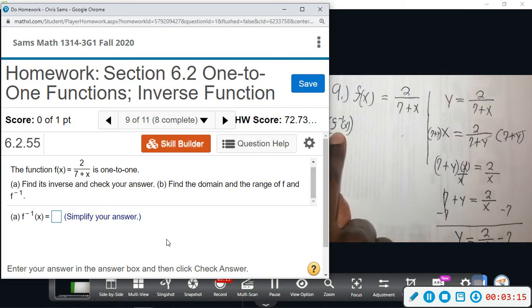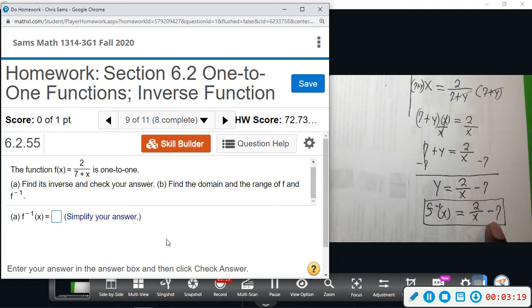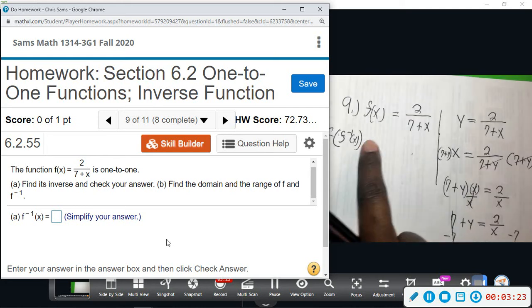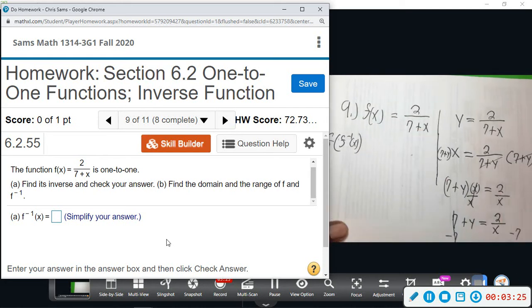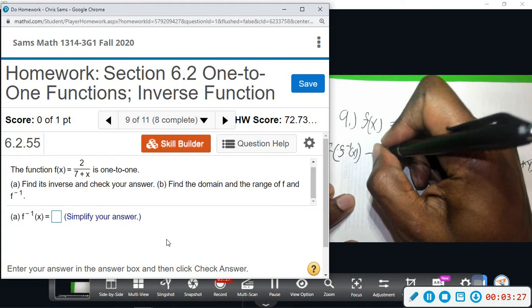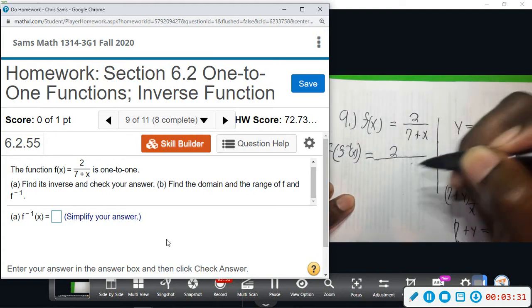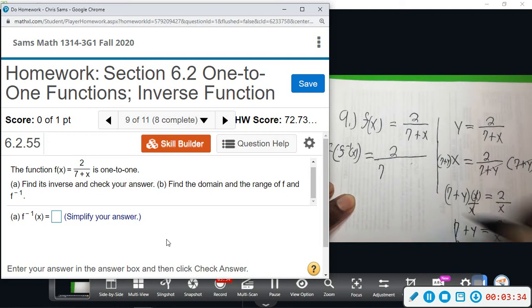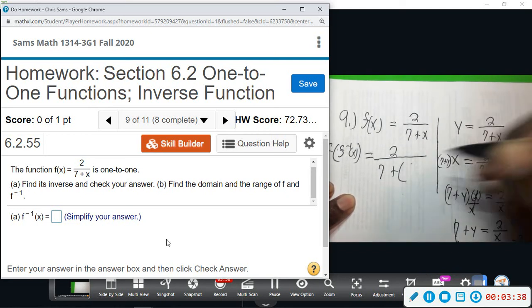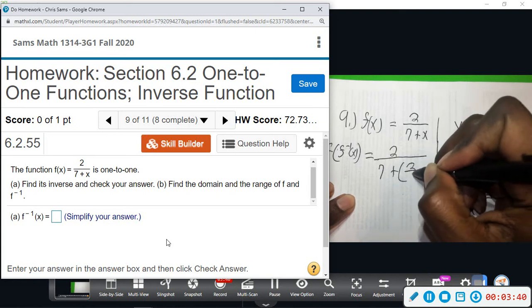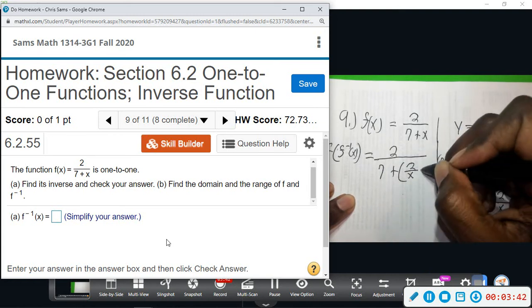So we're going to be plugging this new equation that we just got into x, 2 divided by x minus 7. So we have 2 over 7 plus x, but x is going to be 2 divided by x minus 7.